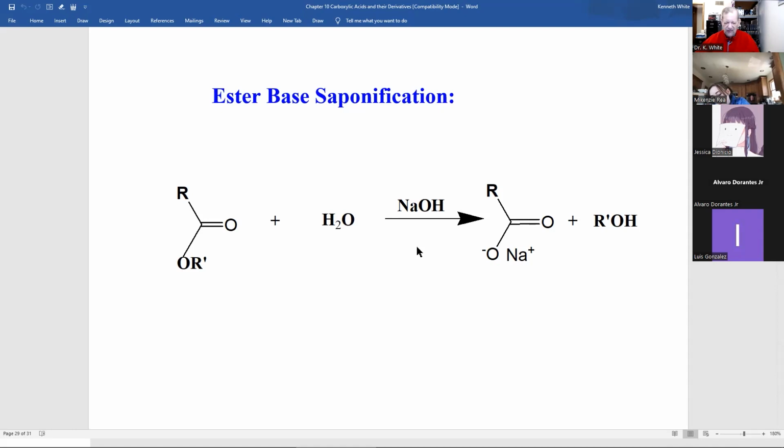You could have other bases, and all you do is change the cation. But, you know something, let's expand it. Let's have some fun.